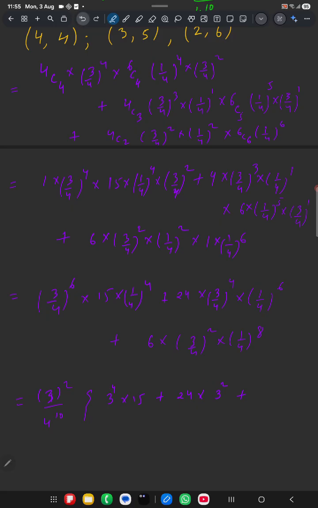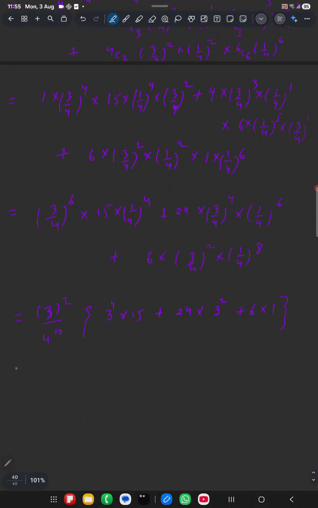Here it is 3 power 2 we have taken, so 6 into, you have nothing left, so 1 is left. Now again we can take 3 common, so 3 power 3 over 4 power 10. Here 3 power 3 into 15, plus 1 three has gone, so 24 into 3. Here 1 three has gone, so 2 is there.